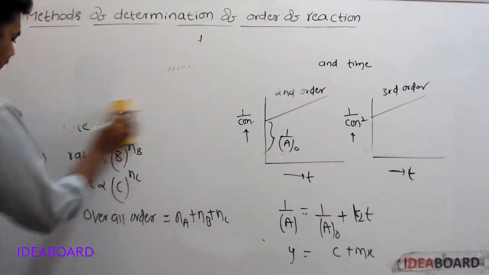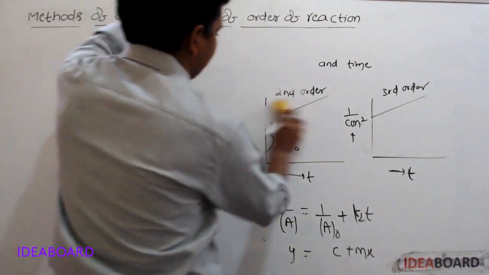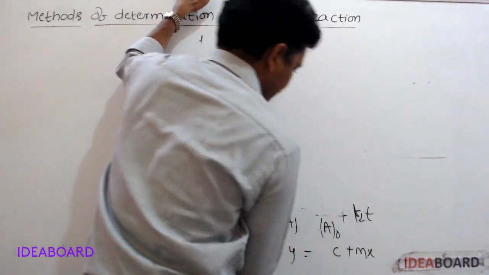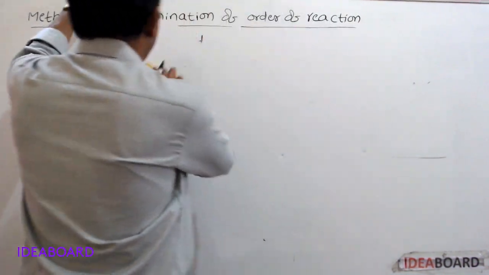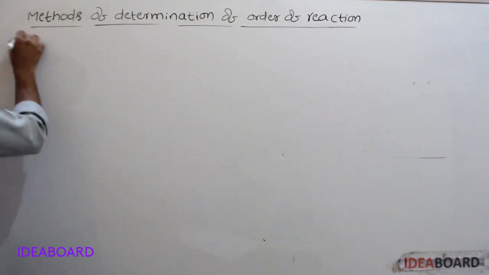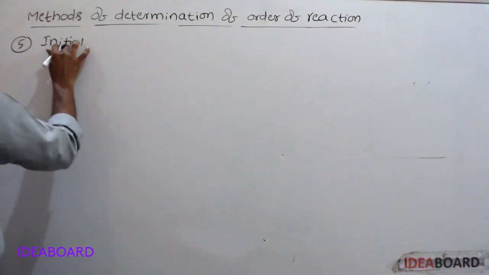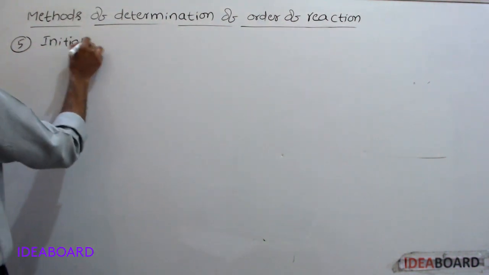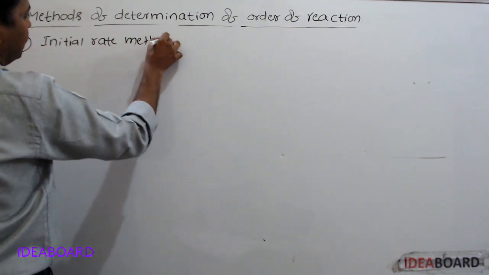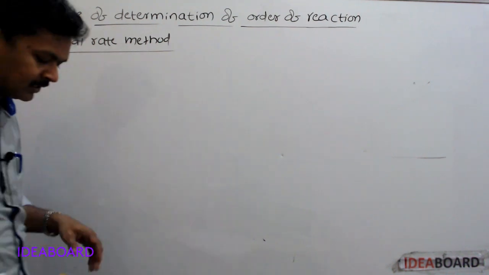Next, the last one is the initial rate method.